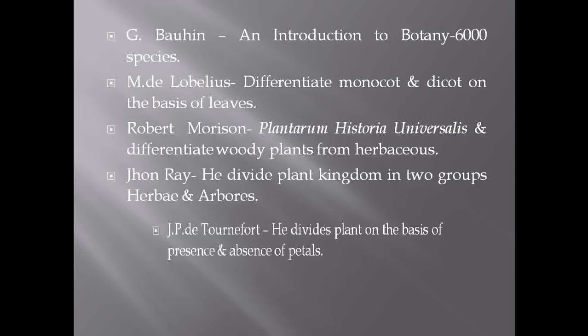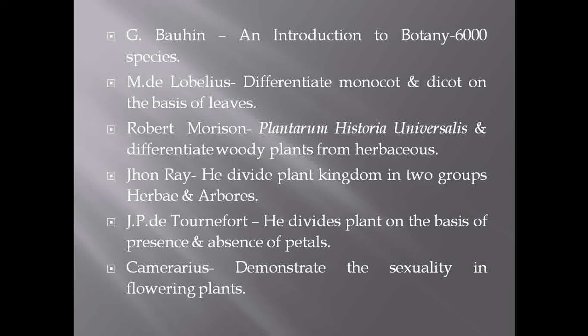Then the next scientist, J. Bauhin, wrote a book called An Introduction to Botany, and he included about 6,000 species in his book.